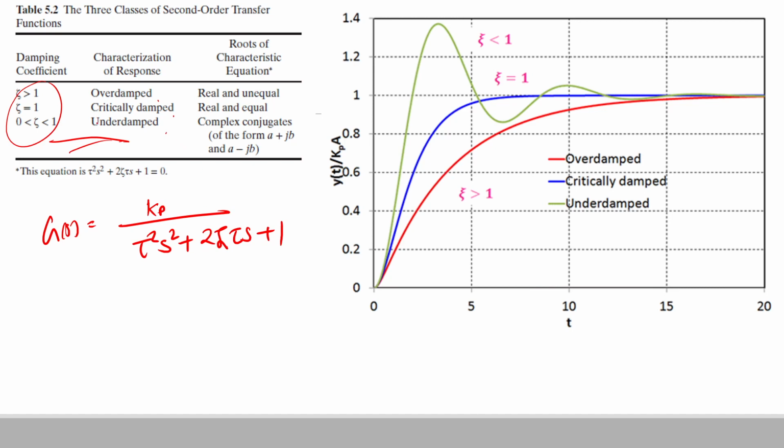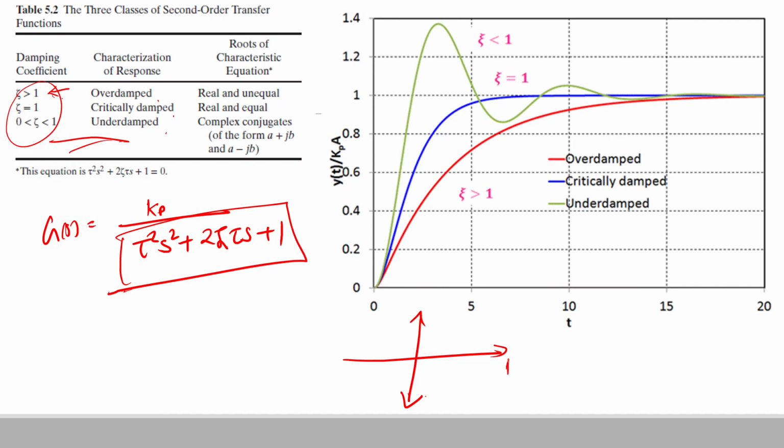Now if the system is overdamped, that is zeta is greater than 1, then we can also say that the roots of this equation, that is the roots of the denominator, will be real and unequal. So basically, if I have a plane where this is my real axis and this is my imaginary axis, then the roots of this equation for zeta greater than 1 will be real.